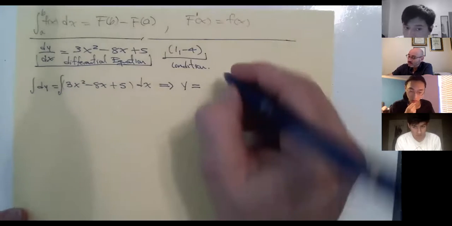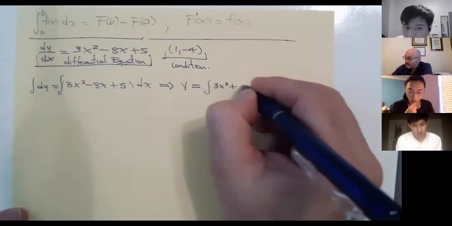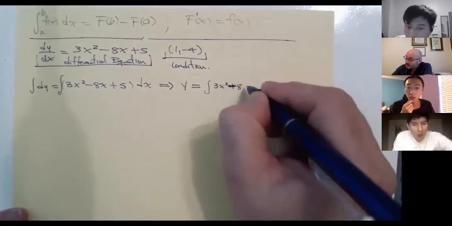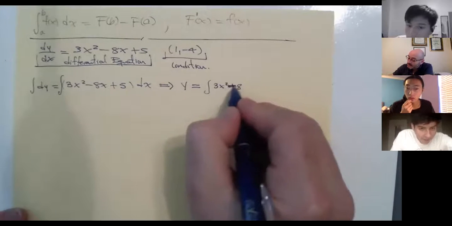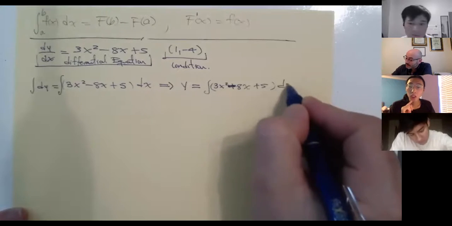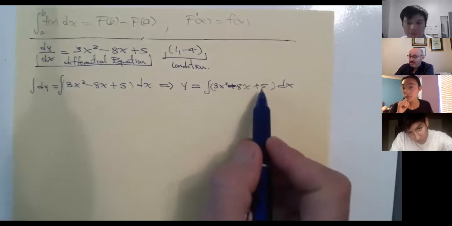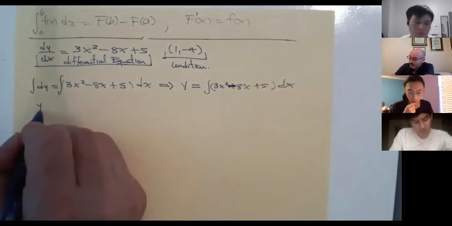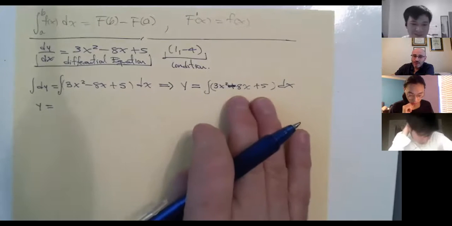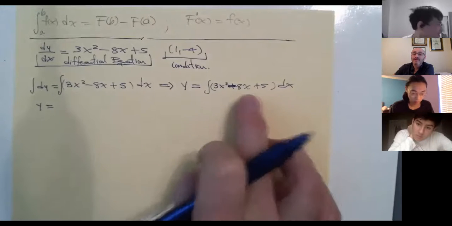And here, we need to solve the integral of this expression. Oh, sorry, this is negative 8x plus 5. So how are we going to anti-differentiate this? One thing we're going to learn in this problem is that we are allowed to split this up into 3 small integrals, or 3 antiderivatives.